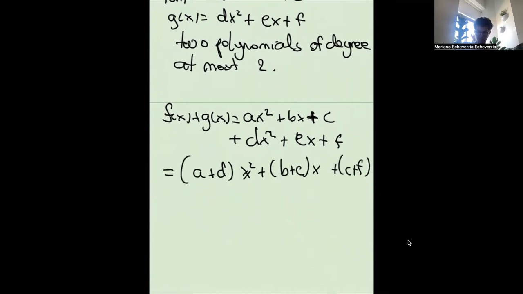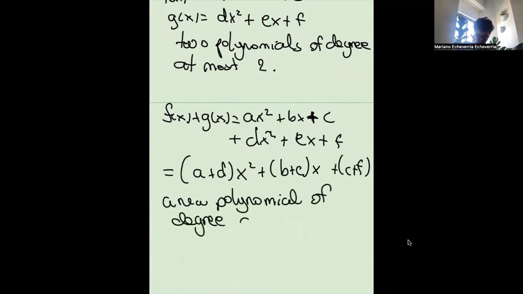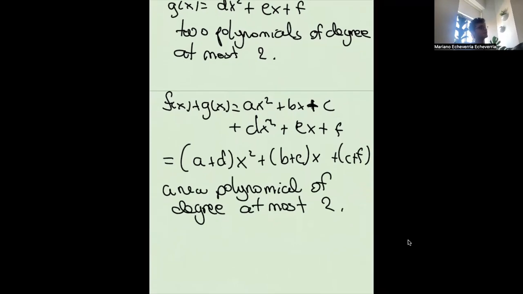And that's also another polynomial of degree at most 2. So this is a polynomial of degree at most 2. Is that making sense?